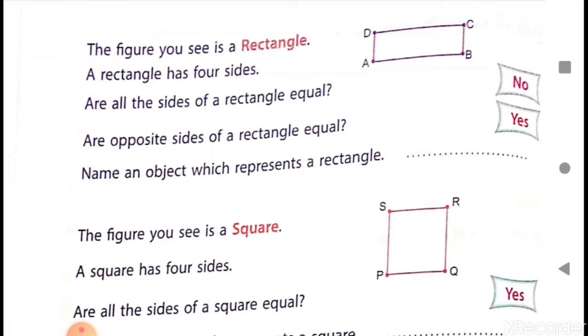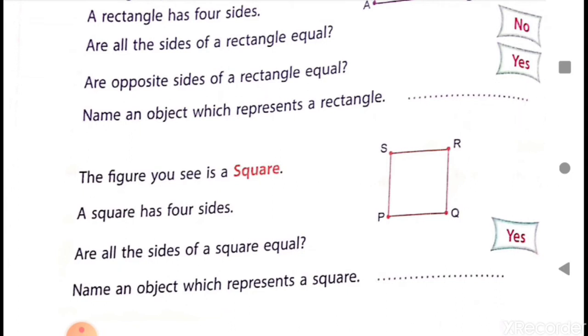Now what is the difference between a rectangle and a square? Now in a square you will see that the 4 lines, that is PQ, QR, RS and SP, all the 4 lines are of same length. All the 4 lines are equal in length.